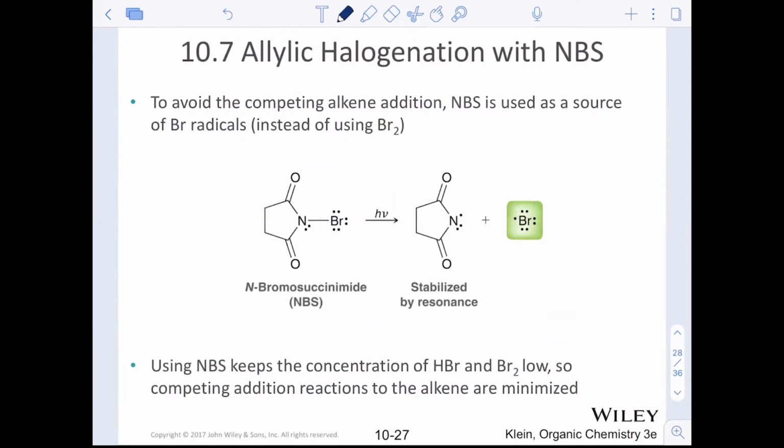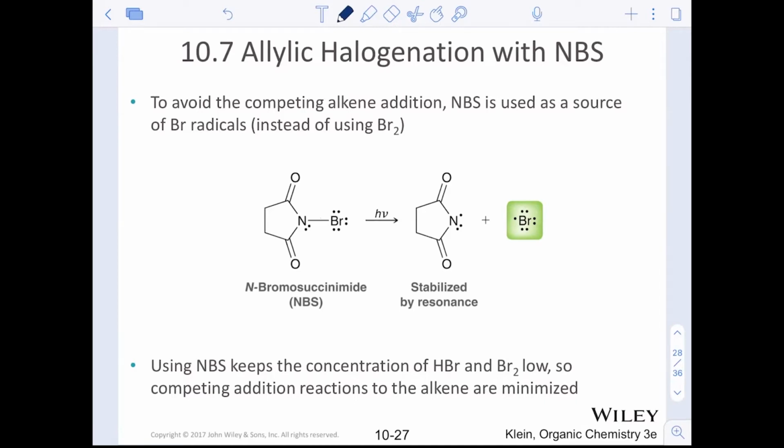Instead, what we want to use is a bromine source that keeps the amount of bromine low. So we will use NBS, N-bromosuccinimide. Notice it's one equivalent of bromine radical for every one molecule, instead of Br2, which would have been 2 equivalents of bromine radical.